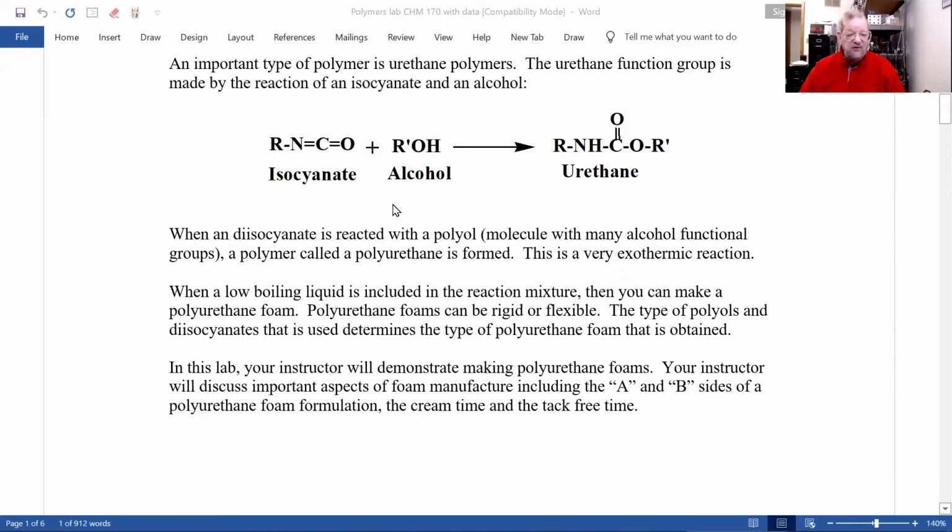And this is how you form a polymer. And like I said, use a diisocyanate, two of them here, and a polyol, a polyalcohol. And you form it. By the way, this is a very exothermic reaction. It gives off heat.